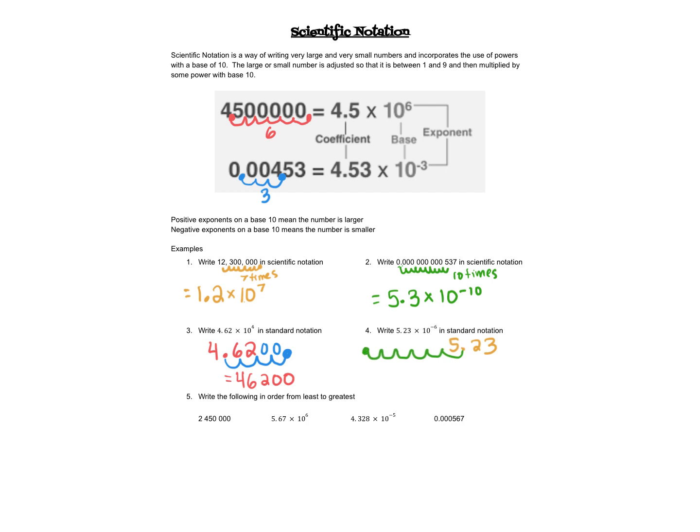So the decimal moves here. And you fill in zeros wherever there's a missing number. So that is 0.00000523.